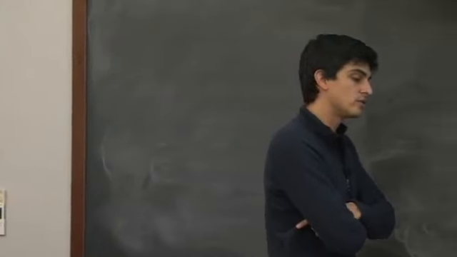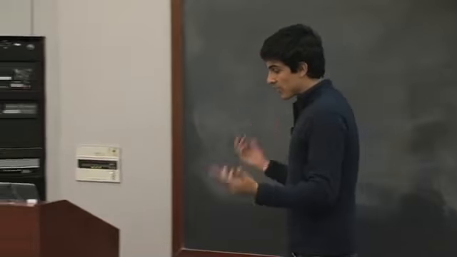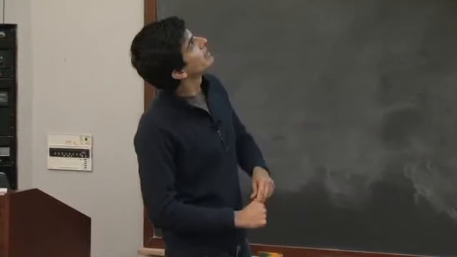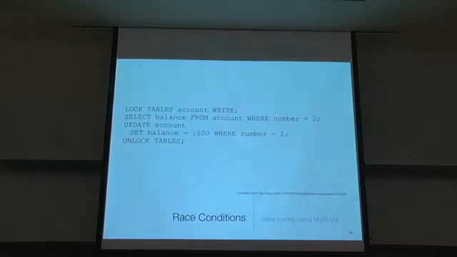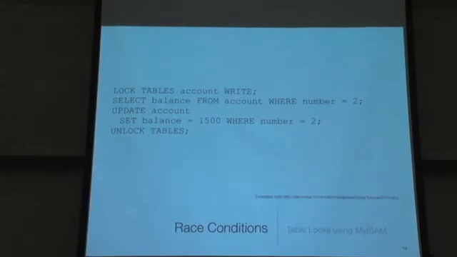Now, the downside of using table locks is that it locks the entire table for everybody. The upside is that you can perform a number of statements atomically while guaranteeing that nobody else will be touching any of the rows within this table, but it does have the downside of locking everybody out until you've unlocked the table. To give you an example, we can lock the table accounts for write.